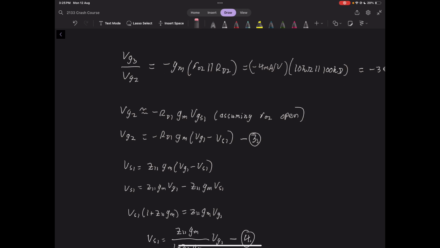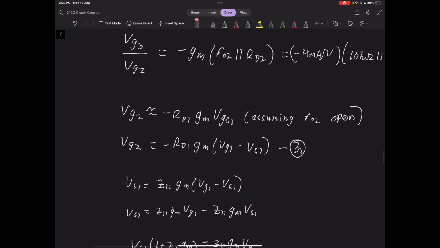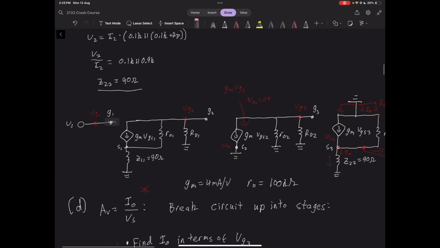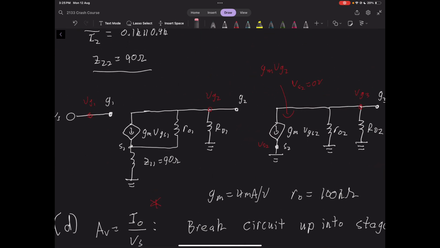Now we can find VG2 in terms of VGS1. And here, this is an example of where we make the assumption. We want to find VG2 in terms of VG1, and this R0 resistor here is making our life very, very difficult. Previously I've been including all the R out resistors, but the circuit analysis becomes quite complicated.